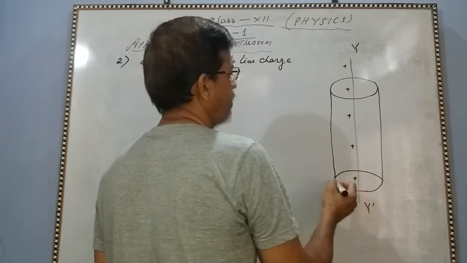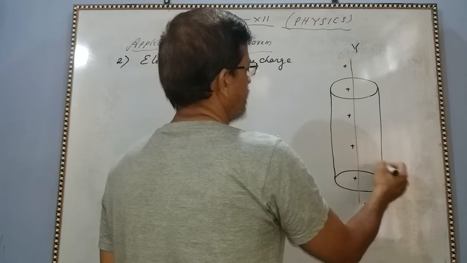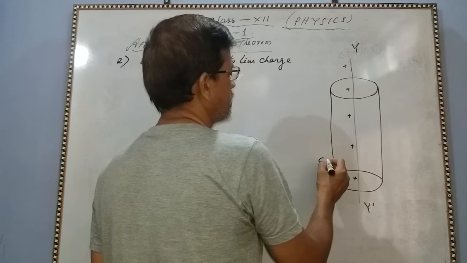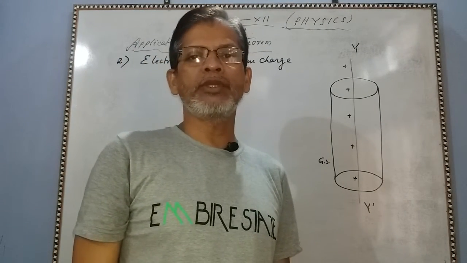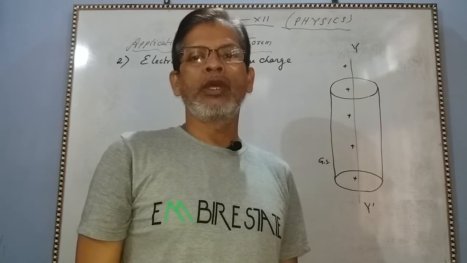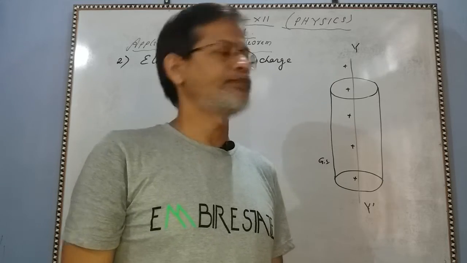This is the cylindrical Gaussian surface. This is the Gaussian surface. Gaussian surface means the surface which is used to apply the Gauss theorem.